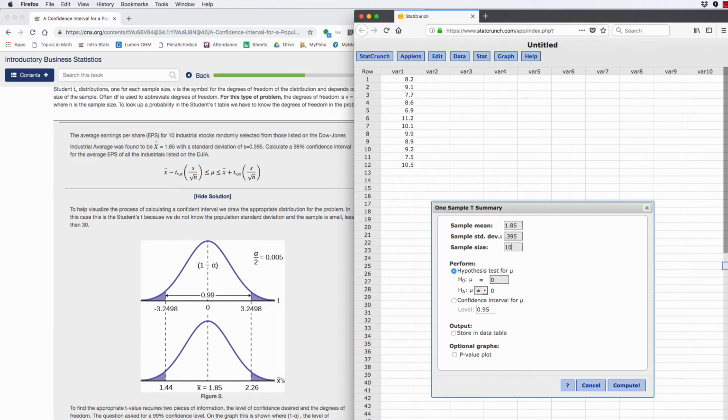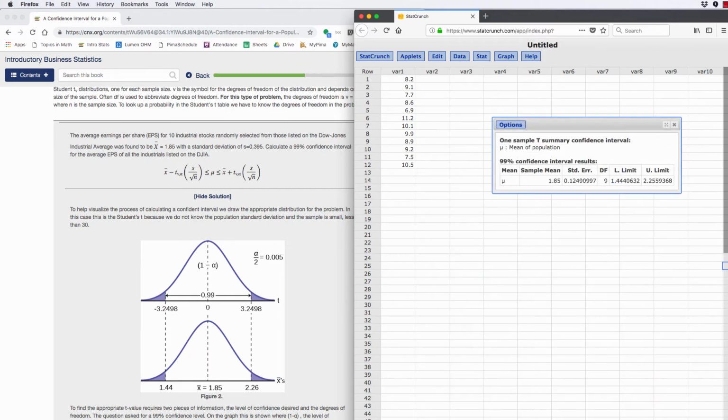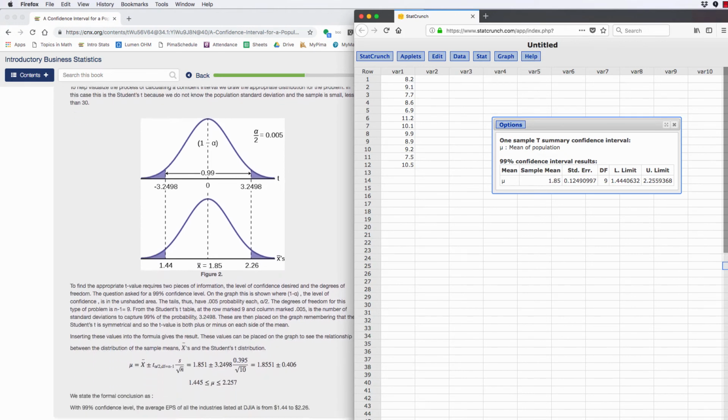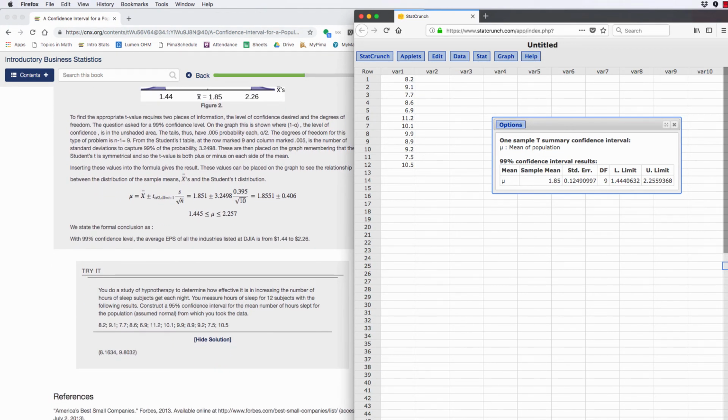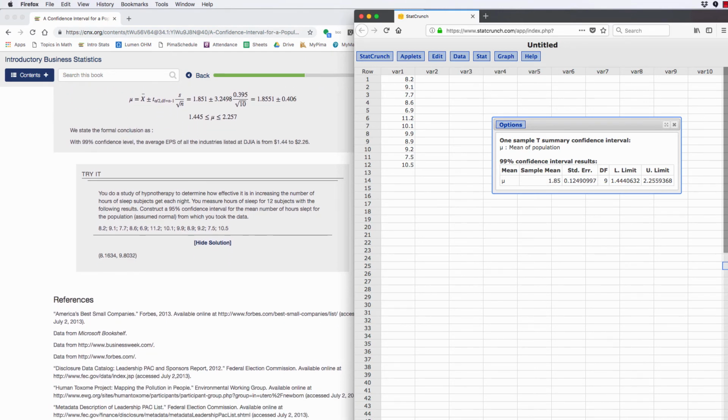The sample size is 10. We're doing a confidence interval of 99%. We compute that, and we see that we get 1.44 and 2.55. Again, the same answers we got on the calculator, different from what the book showed, but not by much.